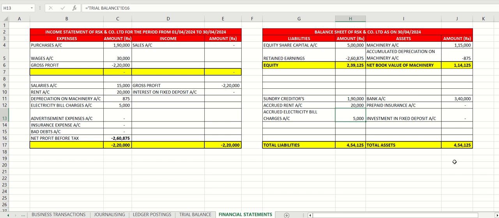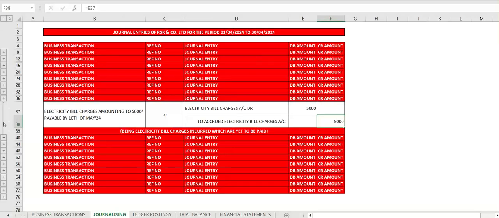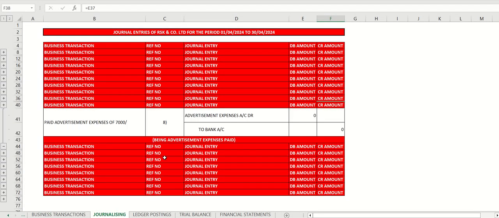Right. Now let's move to the next business transaction. Paid advertisement expenses of 7,000. This is an expense incurred during the particular reporting period, and I had already explained similar kinds of transactions earlier. This is just an expense incurred.